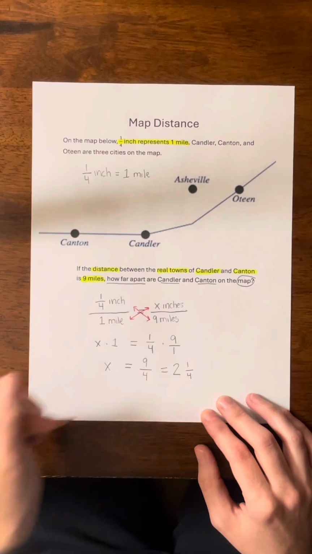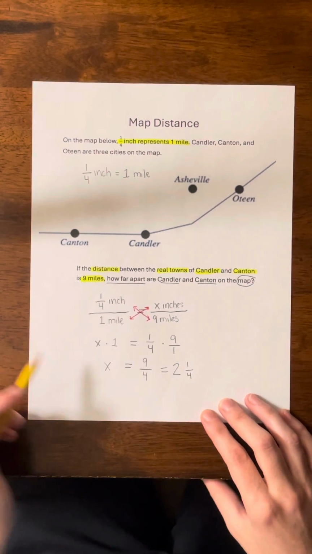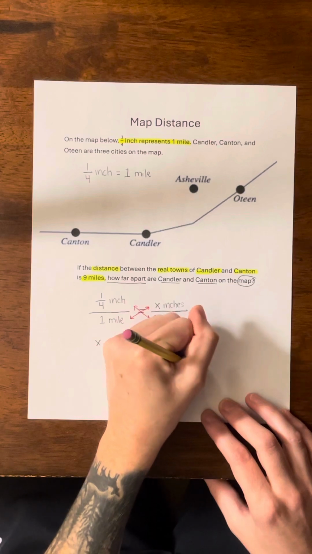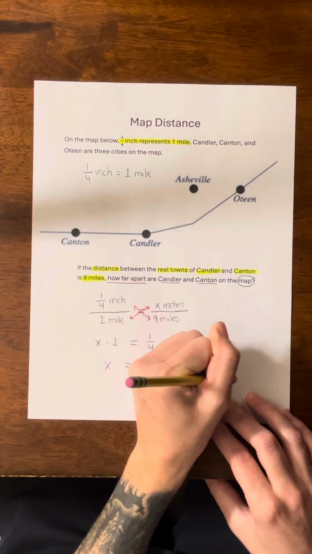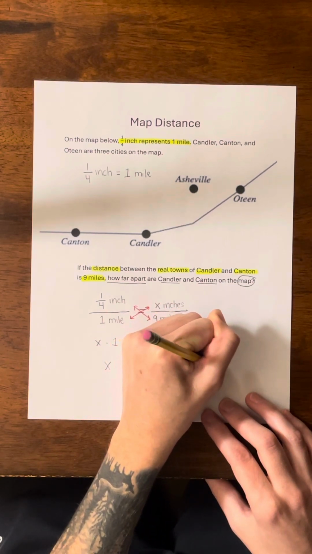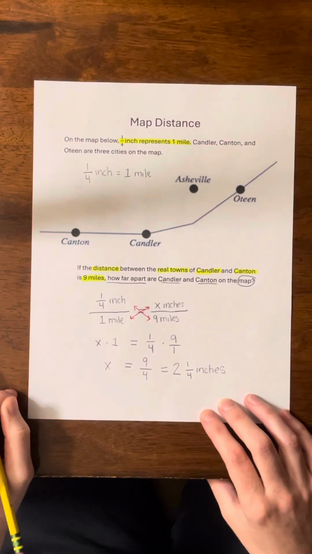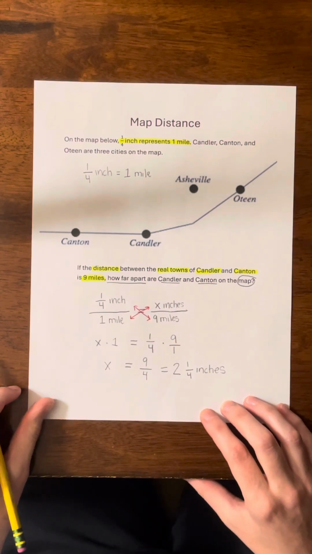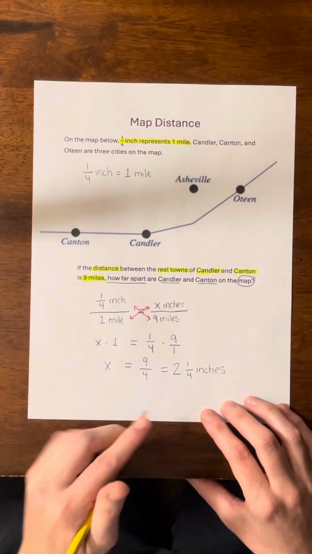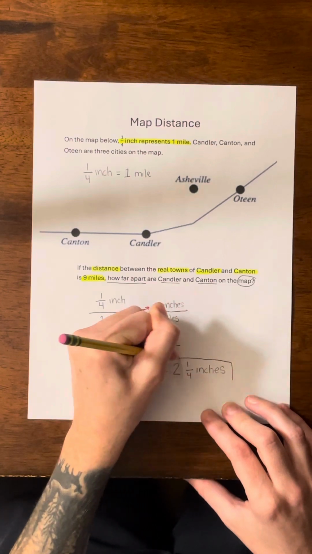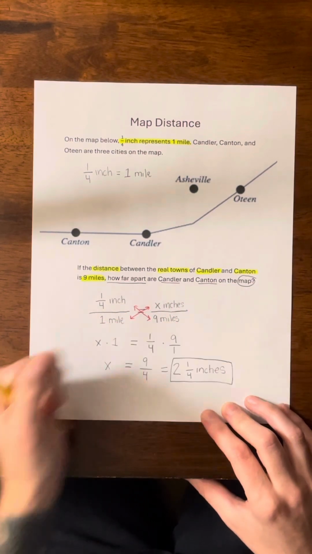And we keep our denominator the same. And X, we were solving for inches because our question was asking how far apart these two cities are on the map. So we know that Candler and Canton are 2 and 1/4 inches apart on the map.